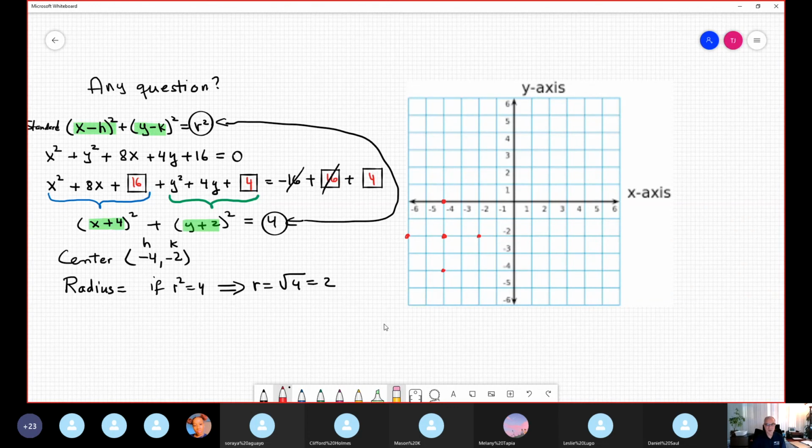By the way, curiosity. That point is the point -4, 0. That point is the point -4, -4. It's a coincidence because it's going down 2 units. See, the center is located in -2.